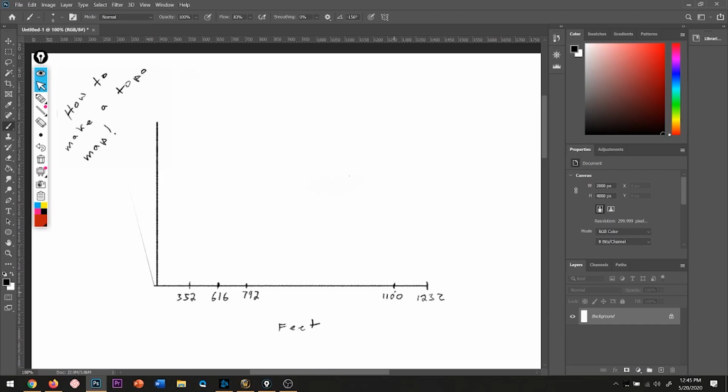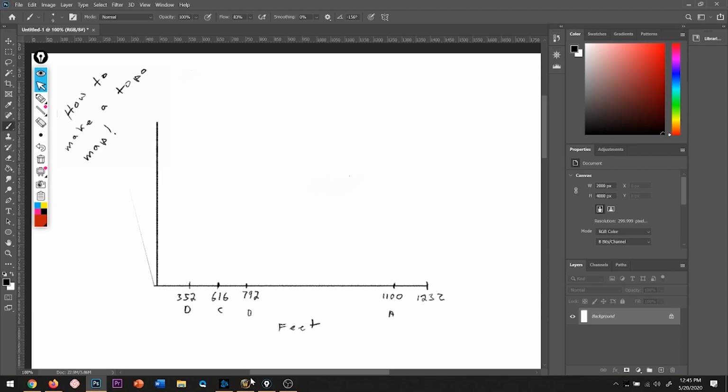So as we drew before, we had the peaks, the high spots. That would be here. A, B, C, D. Okay.